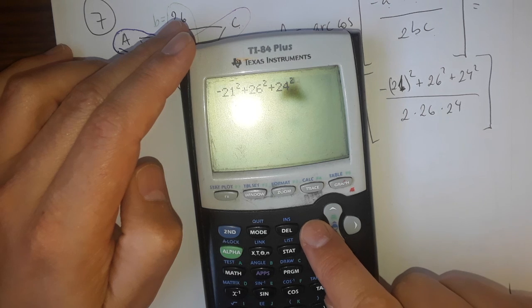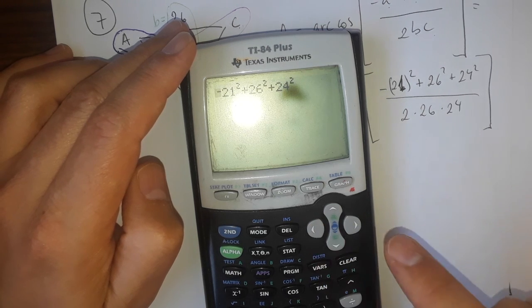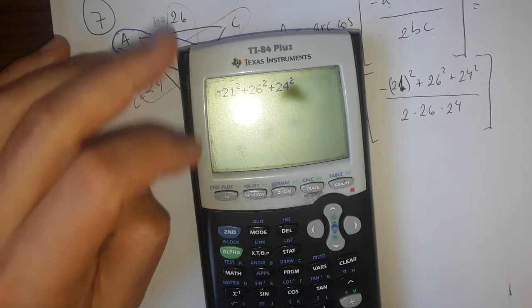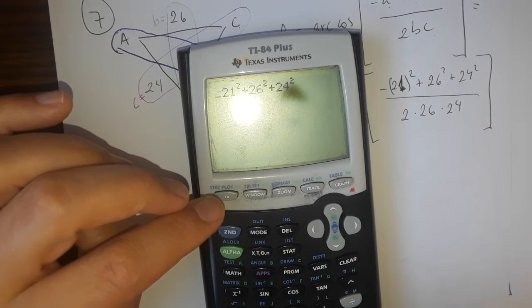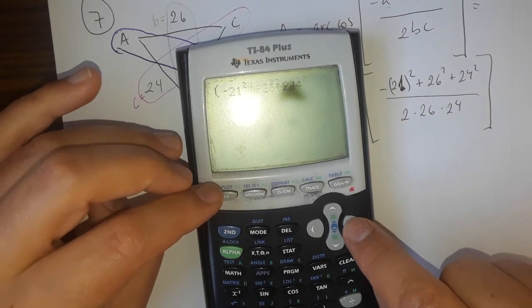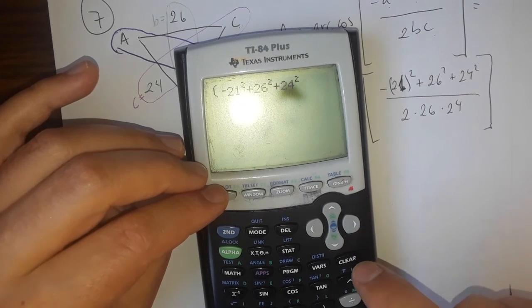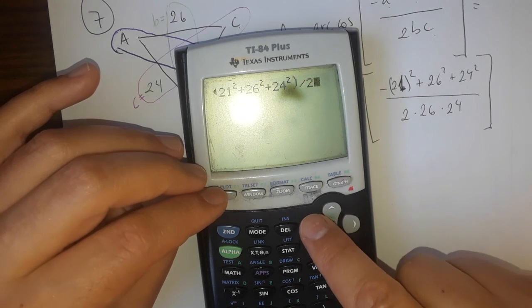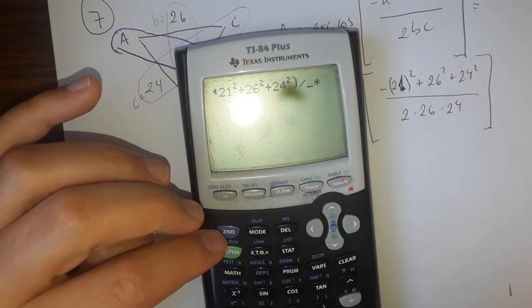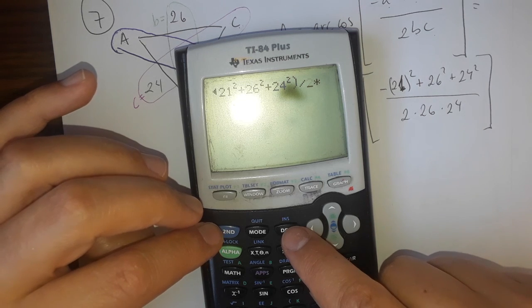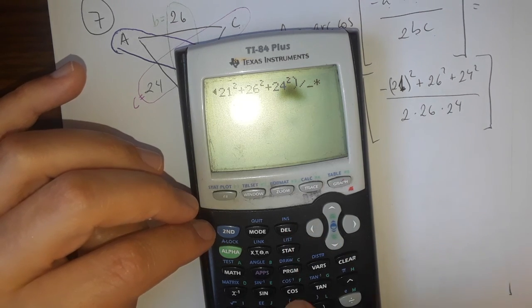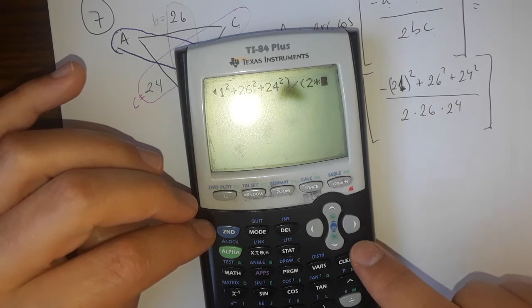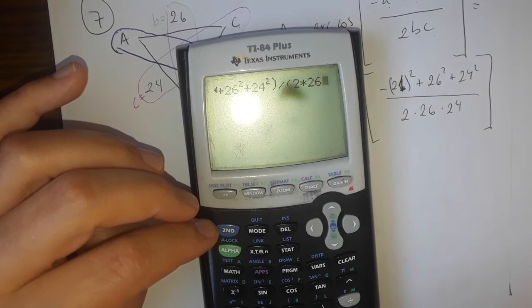And now all this needs a parenthesis. Divided over 2 times, and I also need to put a parenthesis in here. So 2 times 26 times 24.